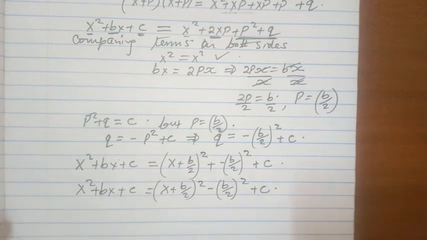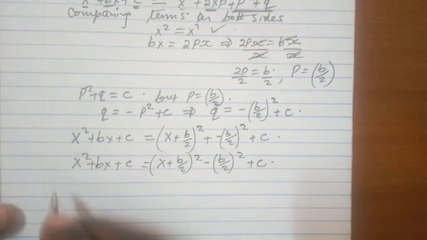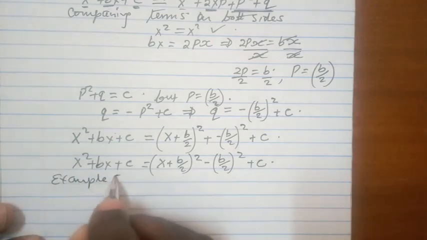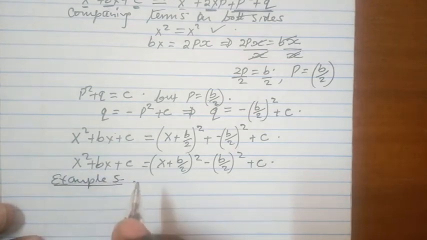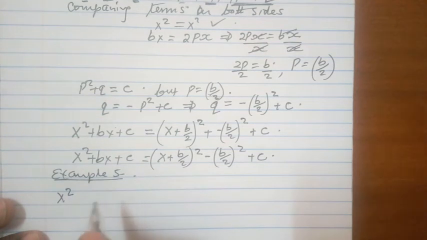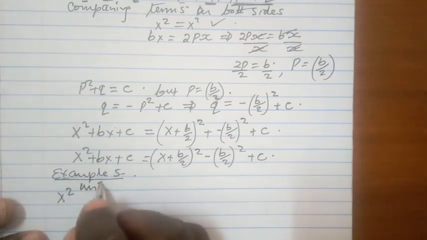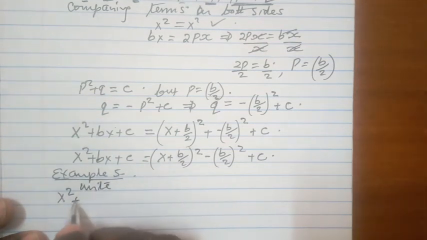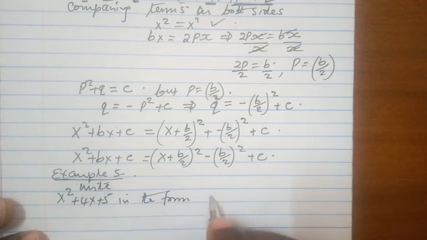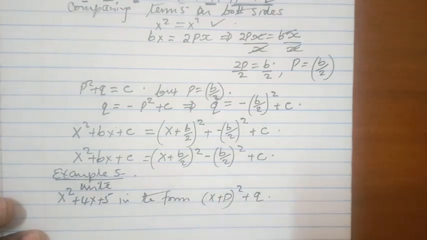So if we wish to talk about example 5, we are told to write x squared plus 4x plus 5 in the form x plus p squared plus q.